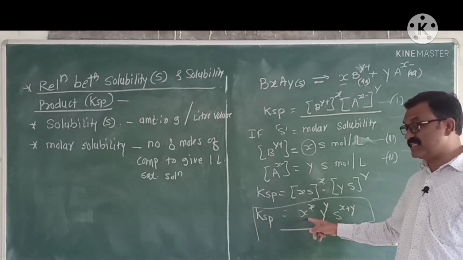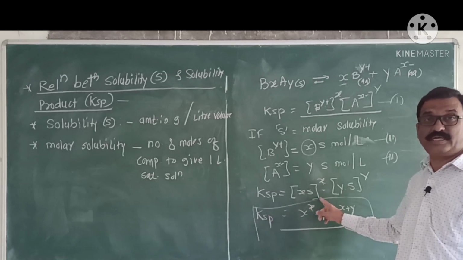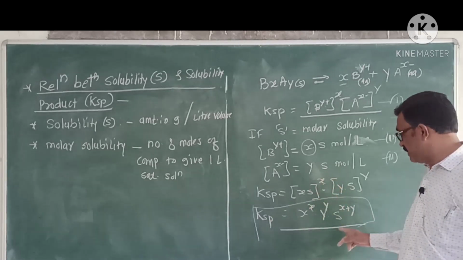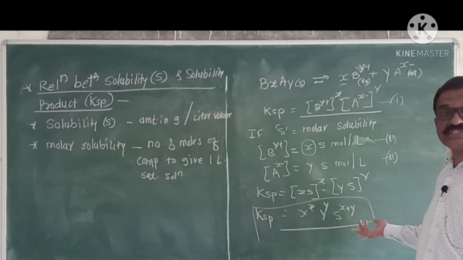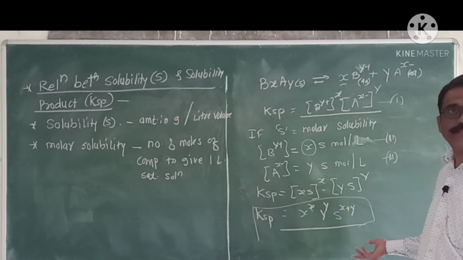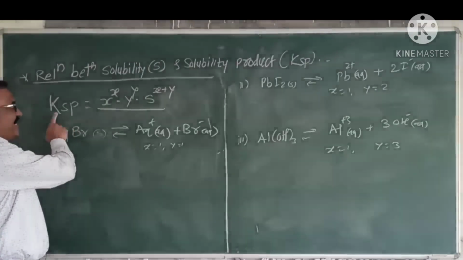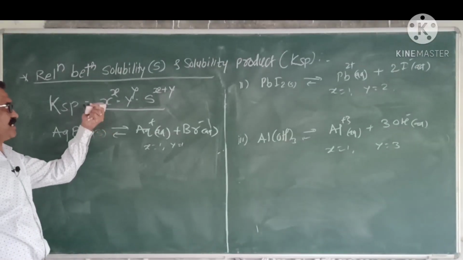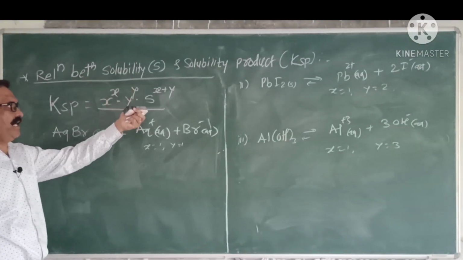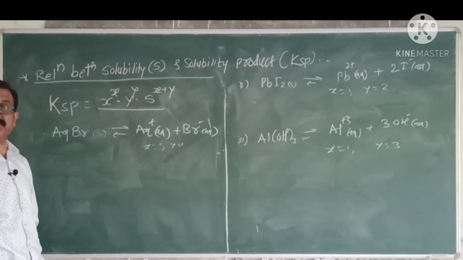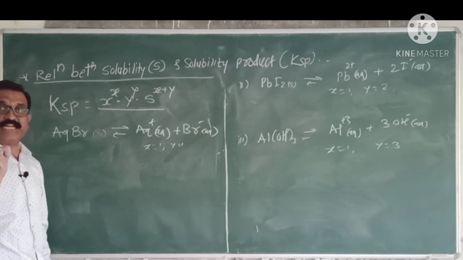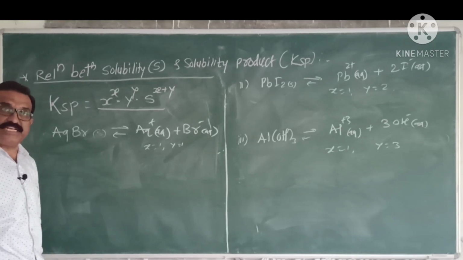If their values are 1, then 1^1 times 1^1 is equal to 1, and S raised to 1 plus 1 gives S square. Okay? With this equation, Ksp is equal to X^X Y^Y S^(X+Y), which gives the relationship between solubility product and solubility of a sparingly soluble salt.